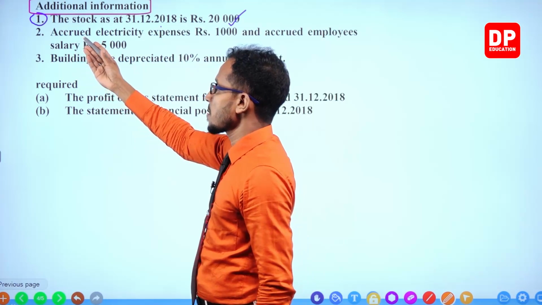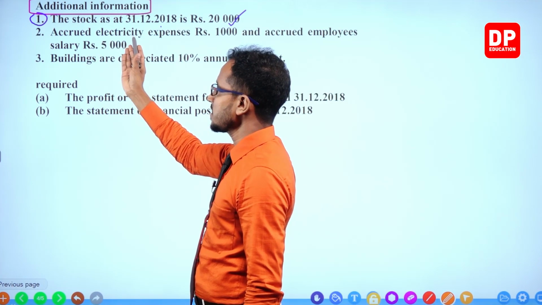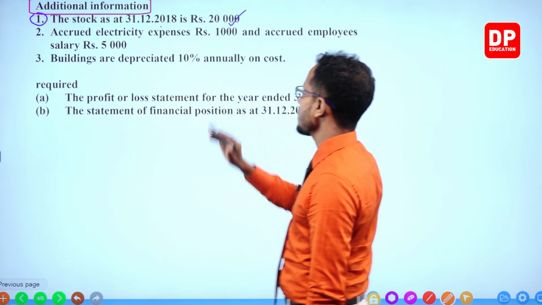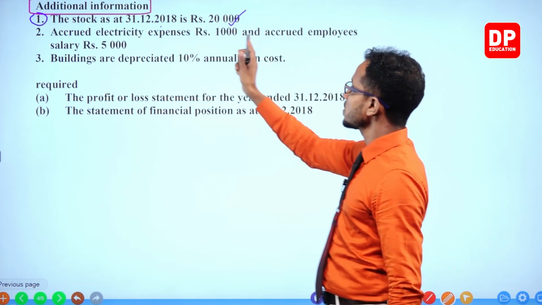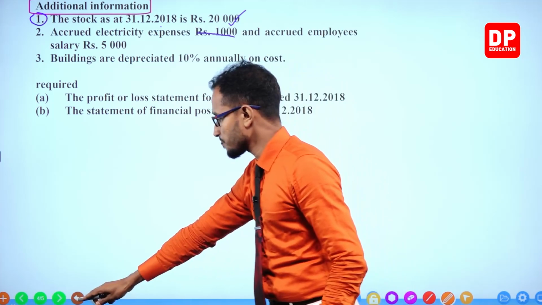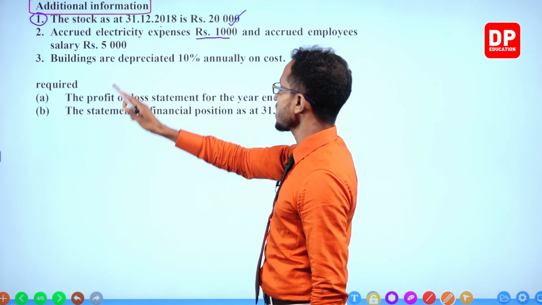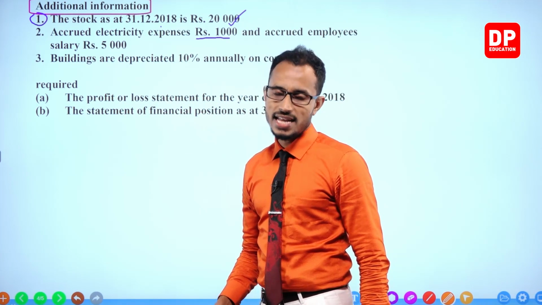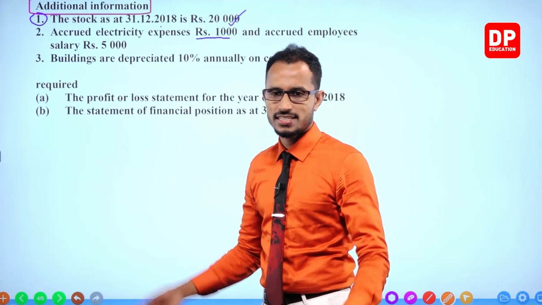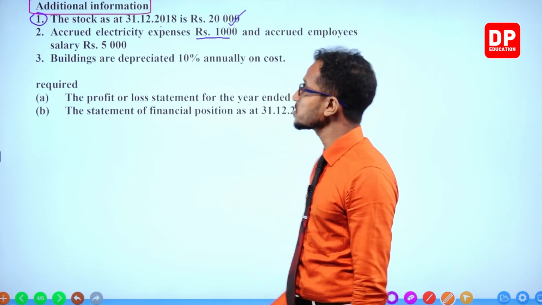This expense, electricity, is given in the trial balance. The 1,000 here should be added to that, I mean the electricity which is given in the trial balance.